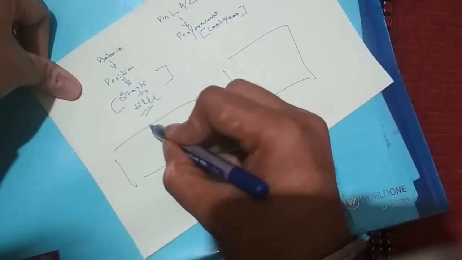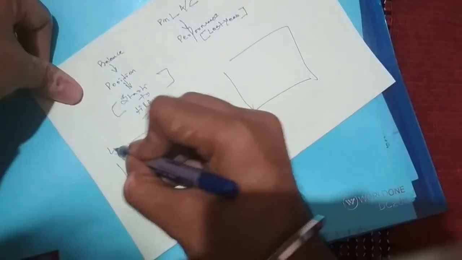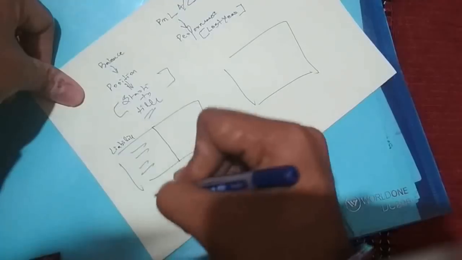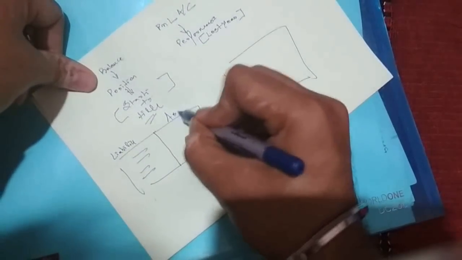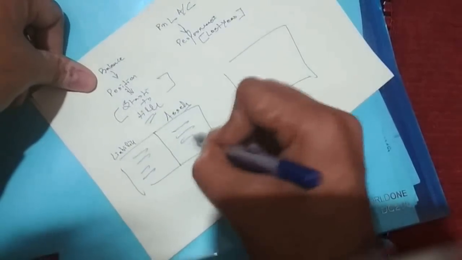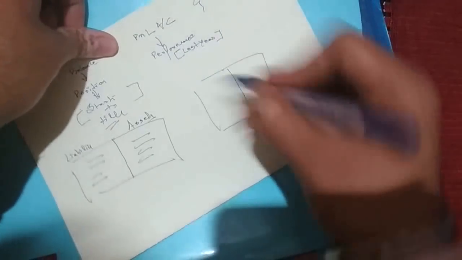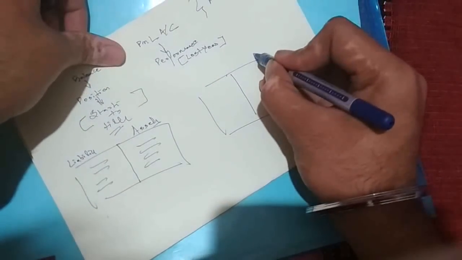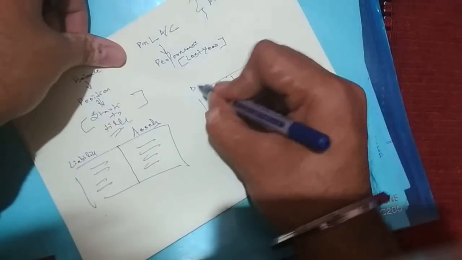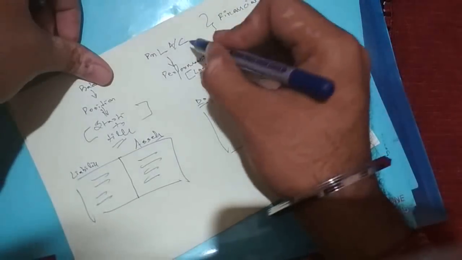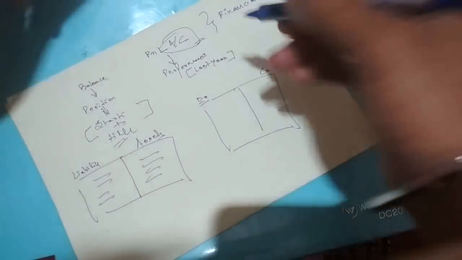The balance sheet is like this: liabilities, where we have to mention all the liabilities, and assets, where we have to mention all the assets. But in the profit and loss account we have to measure it with credit and debit, because as we have discussed, for all the accounts we have to maintain a ledger.